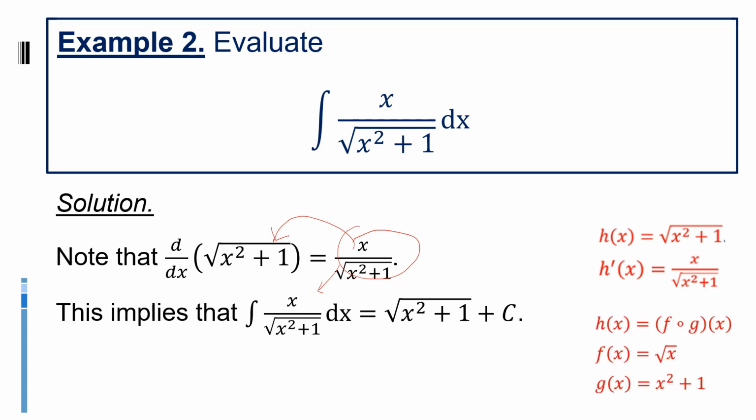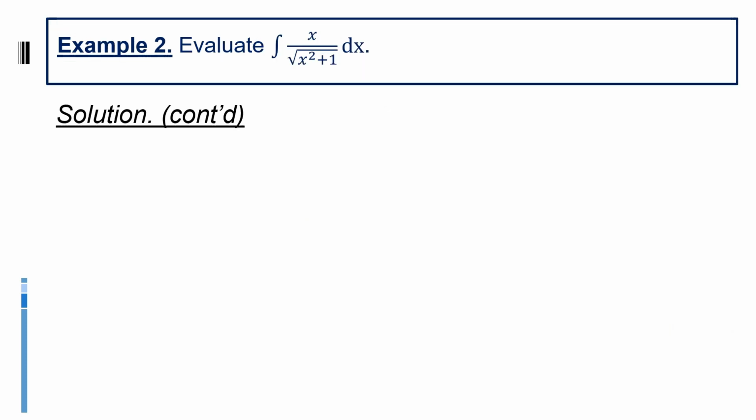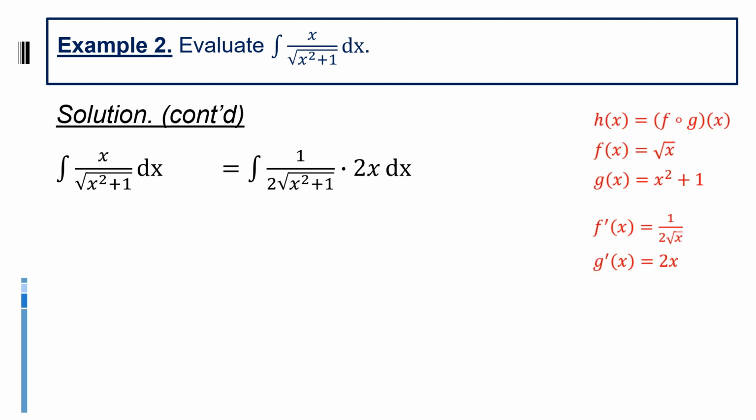Now, h of x is equal to f circle g of x, and f of x is equal to square root of x, and g of x is equal to x squared plus 1 from our previous example. So, since yung x over square root of x squared plus 1 natin is actually galing lang siya dito, diba, na sinimplify natin, ano ba to?